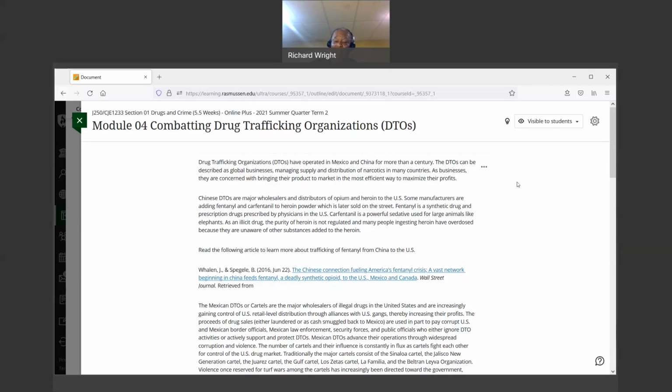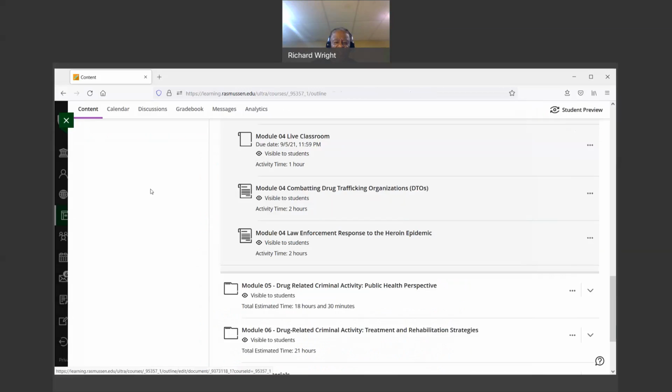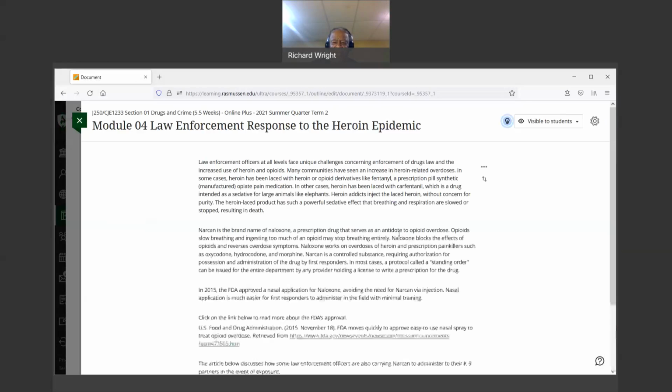It's not working very well. So law enforcement has to recognize and understand that. And so now we're going to turn from dealing with drug trafficking organizations to what law enforcement is doing now to deal with this issue.